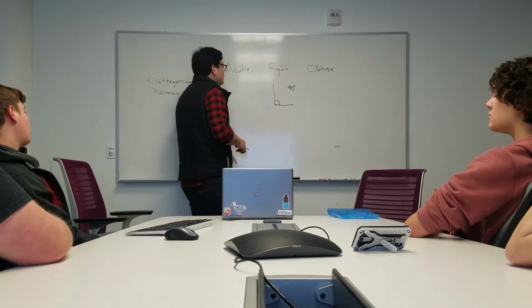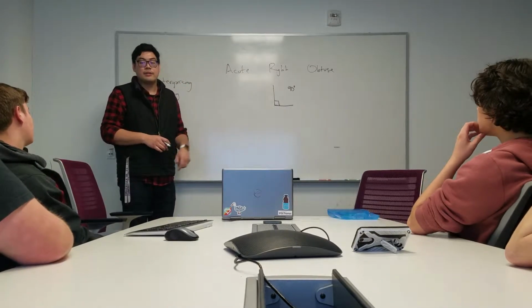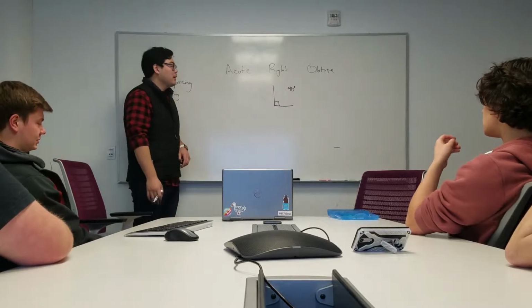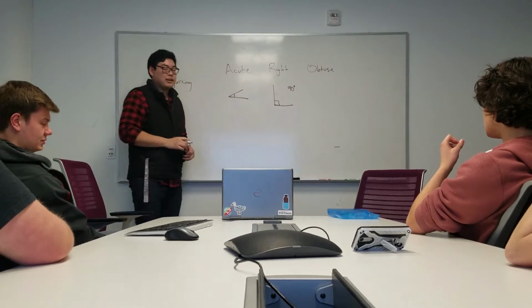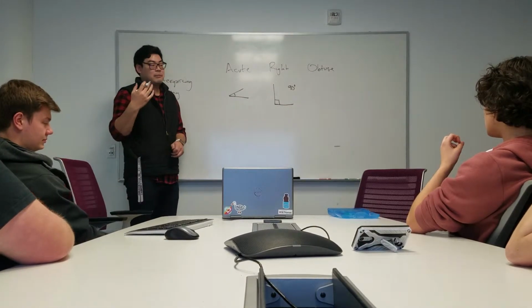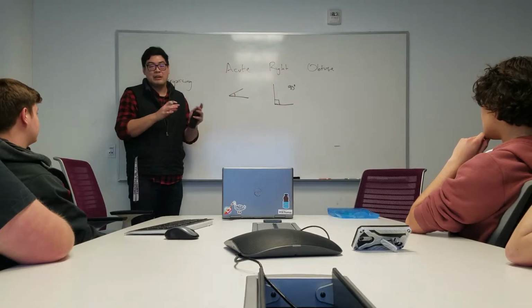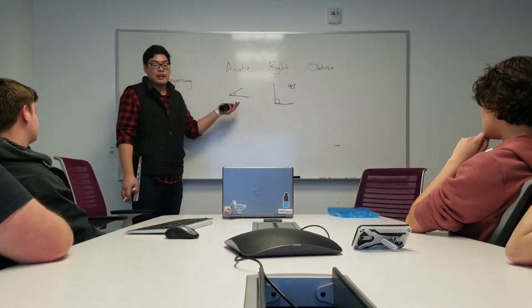For the acute angle, it is less than 90 degrees. Between 0 and 90 degrees is what an acute angle is classified as. They typically look like this. A way for me to remember what acute is, I think of cute, which is kind of small, so smaller than 90 degrees.